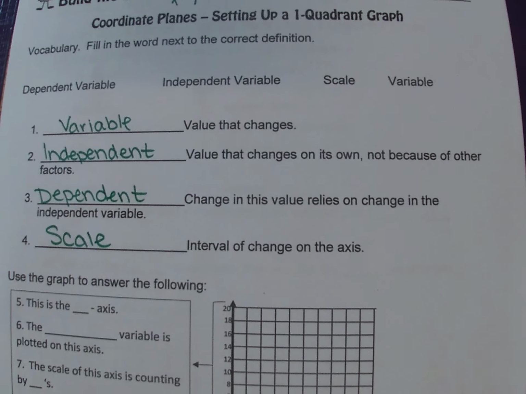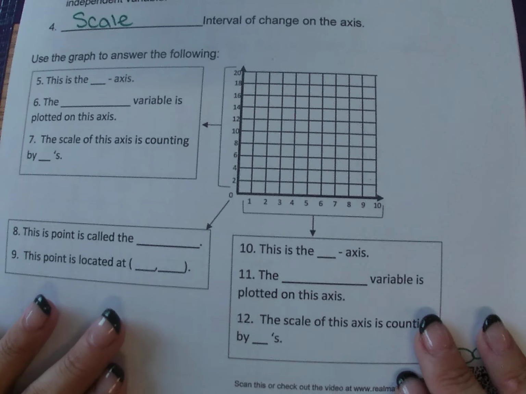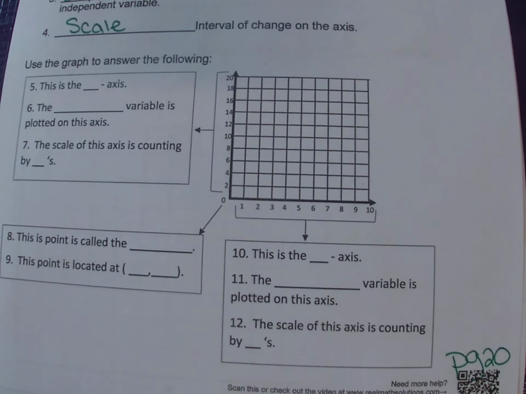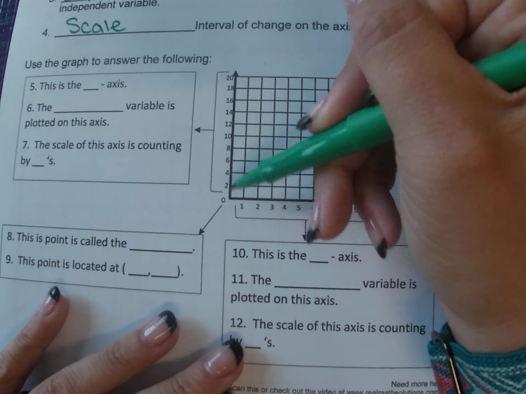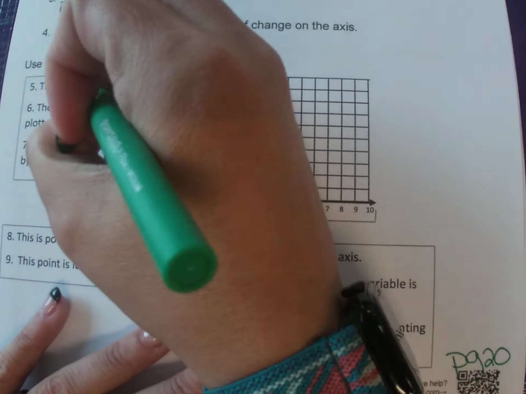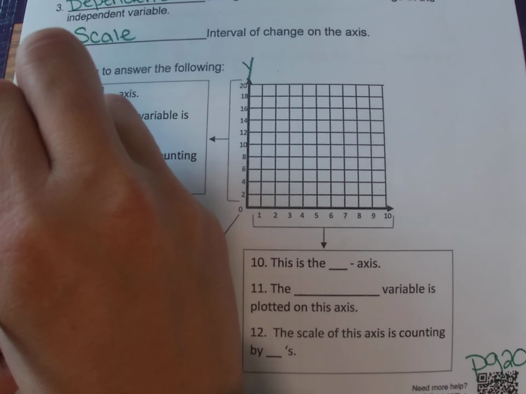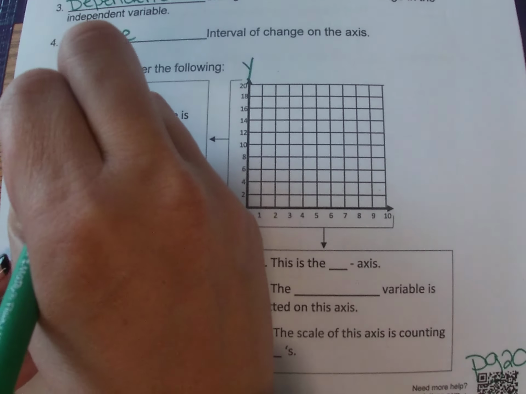So let's talk about what those pieces are in relation to a coordinate plane. We have those words, we have a definition. Great, what does that actually mean? This vertical axis, the one that goes up and down, is our y-axis, and our y-axis is always where the dependent variable goes.